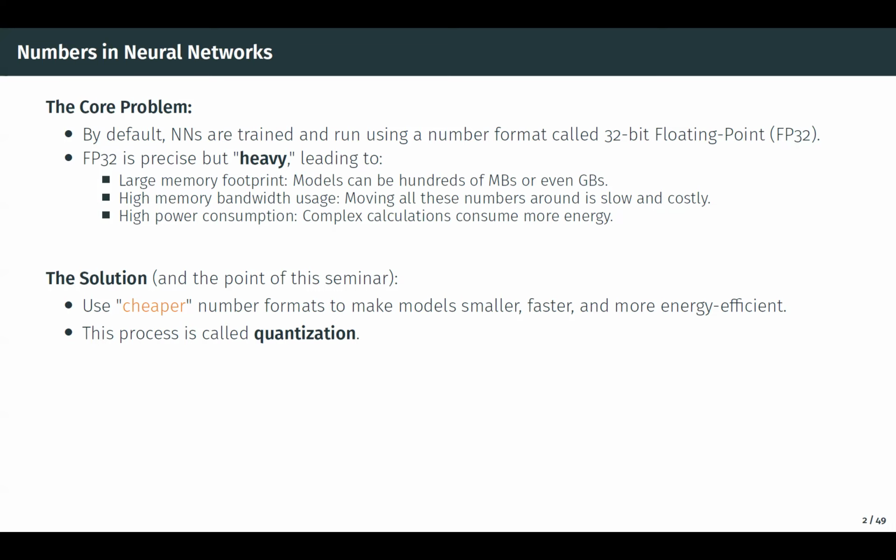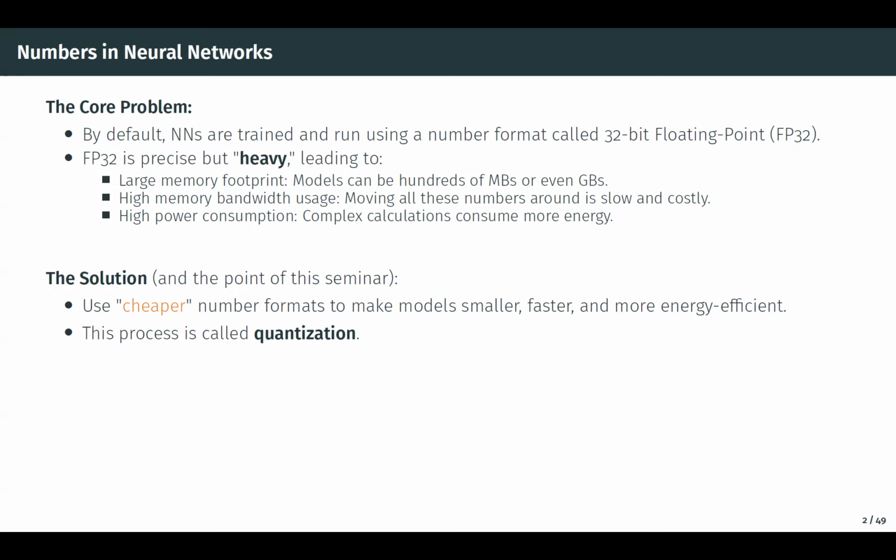By default, neural networks are trained and run on the 32-bit format. It's a very nice format because it can represent a large dynamic range of values precisely. However, this format is heavy, with a large memory footprint.